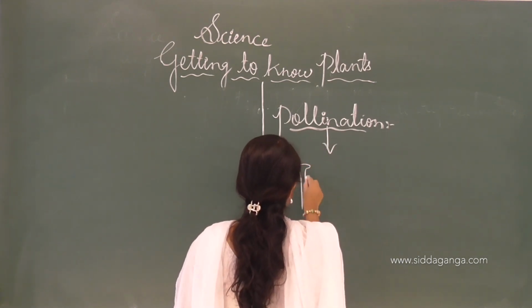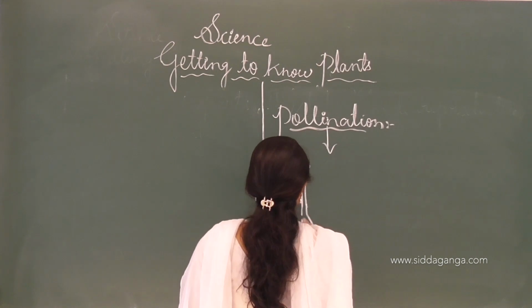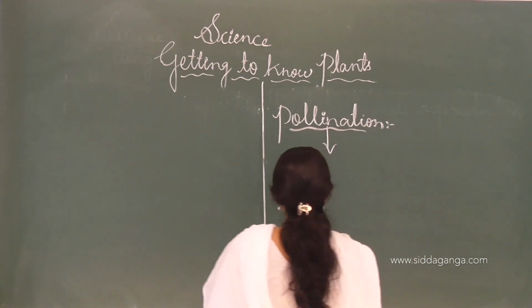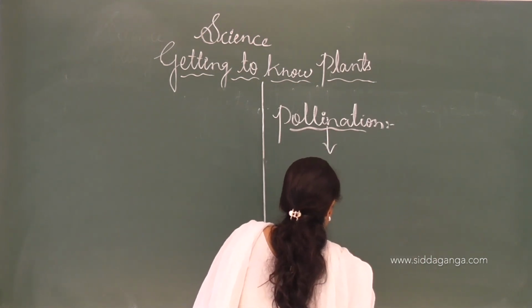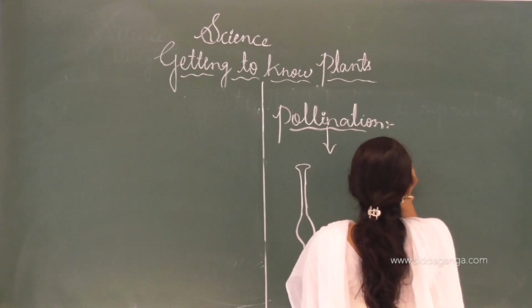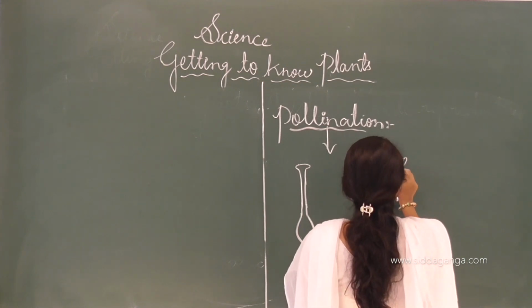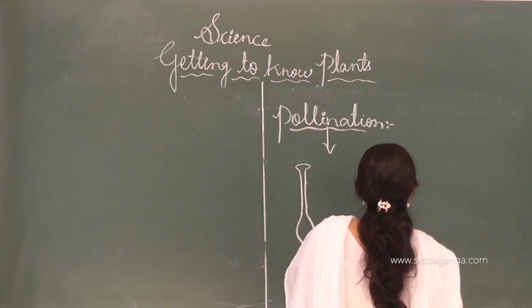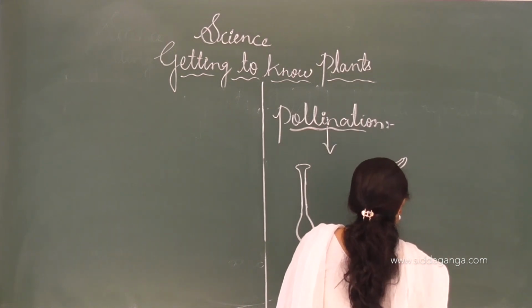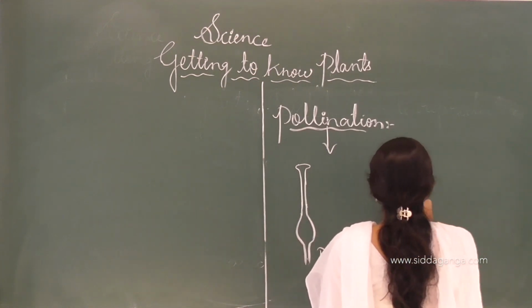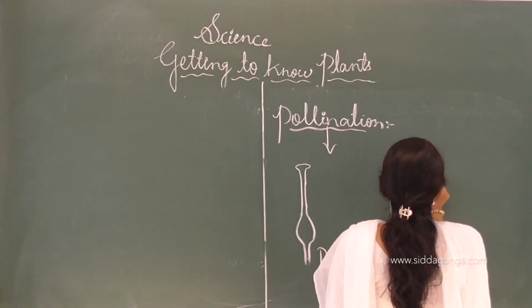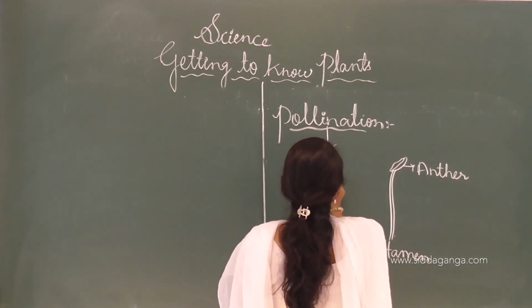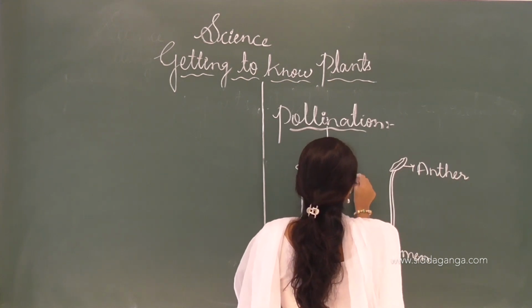See, this is the pistil of a flower, and here is the stamen, this one is the anther, stigma.